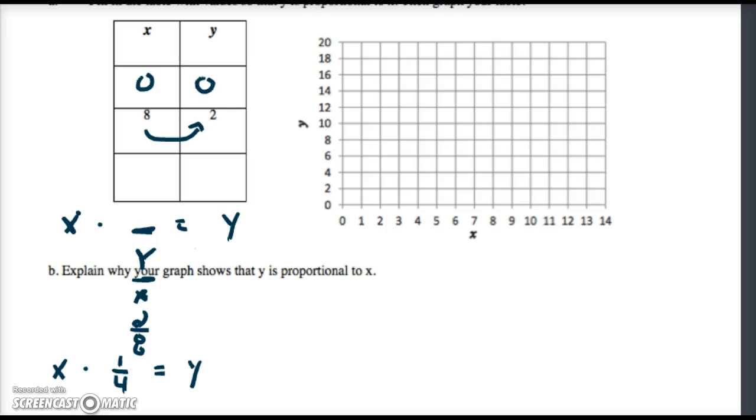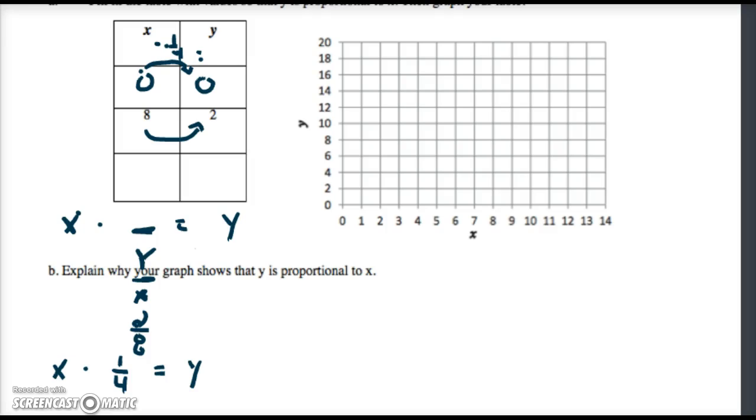And so we put 0, 0, that still fits with our constant, because 0 times 1/4 equals 0.